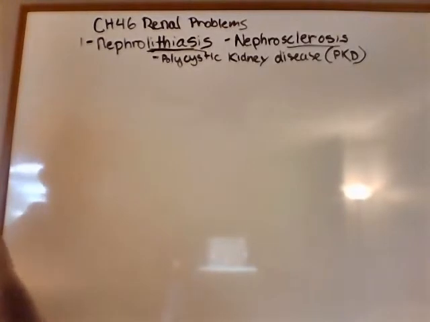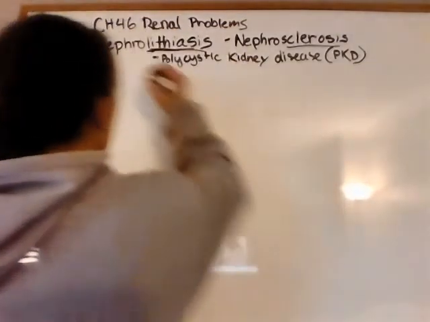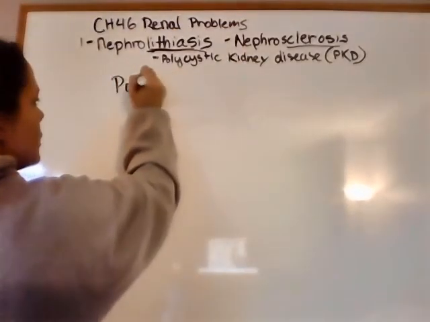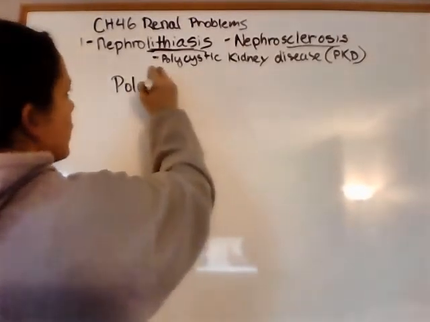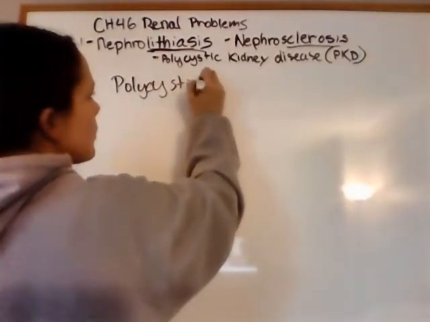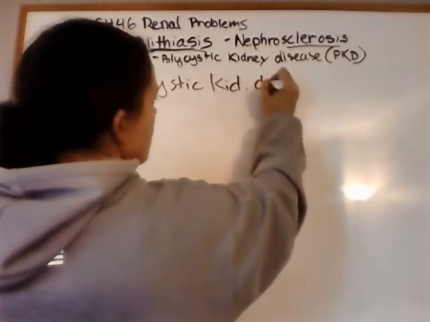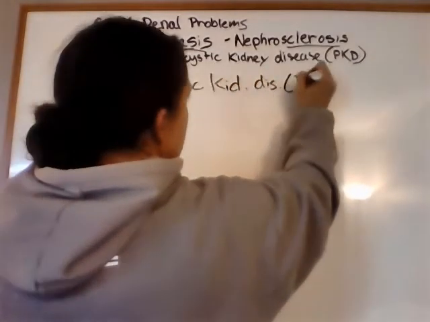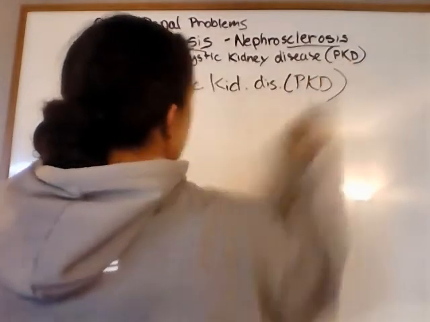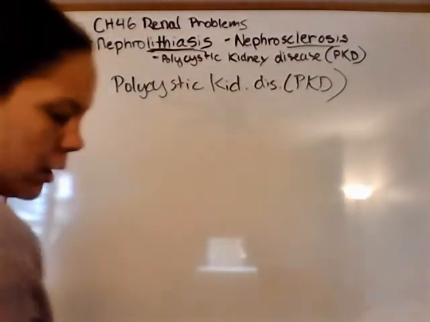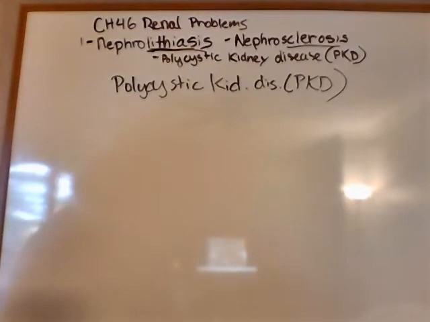All right, and your other one is, now this is kind of crazy, polycystic kidney disease. So this is, believe it or not, the most common cause of life-threatening disease in the world, which I thought was pretty crazy.